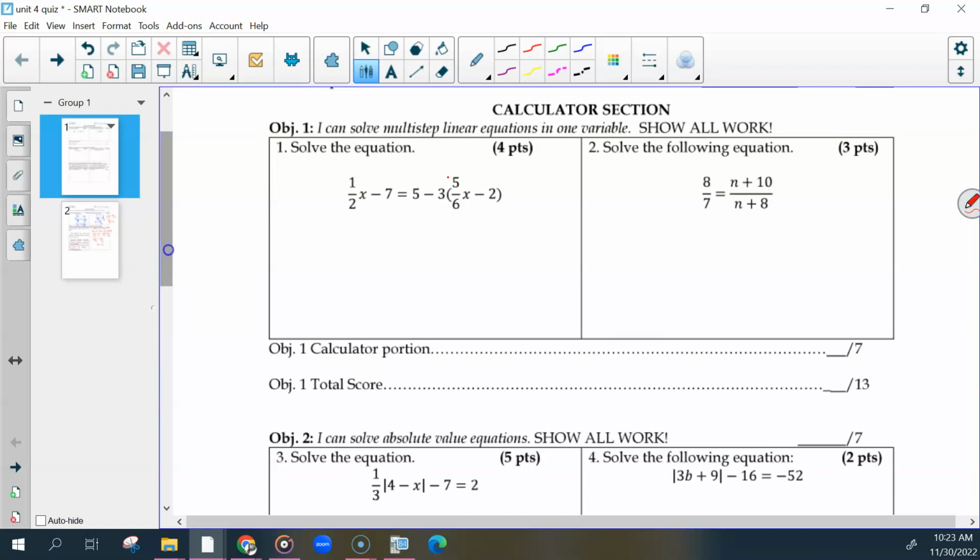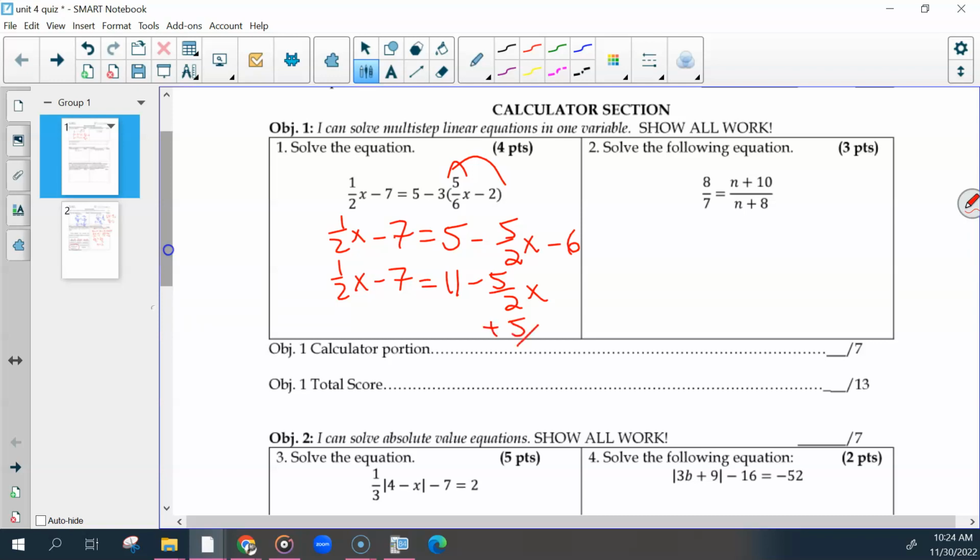For number 1, you have to distribute. Some of you changed it to decimals, and that was fine since these were nice decimals. Some of you combined the like terms, some of you started moving, either or did not matter. And then same thing, get all your variables to one side, constants on the other.